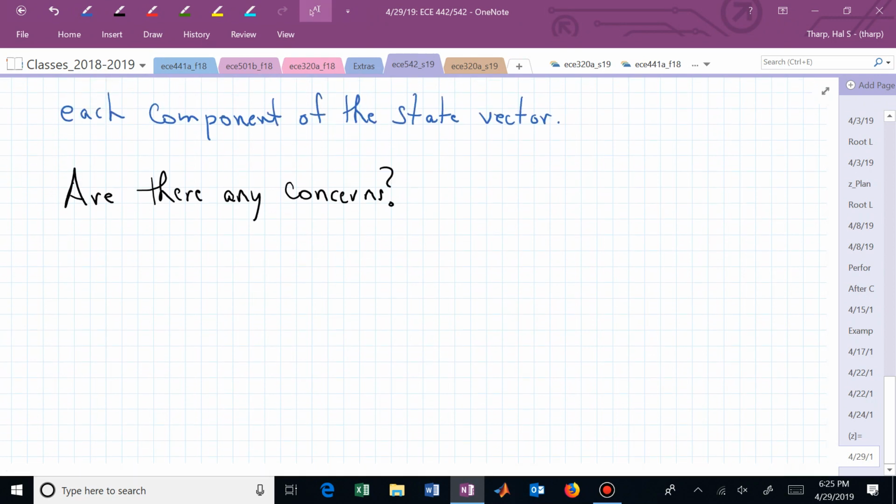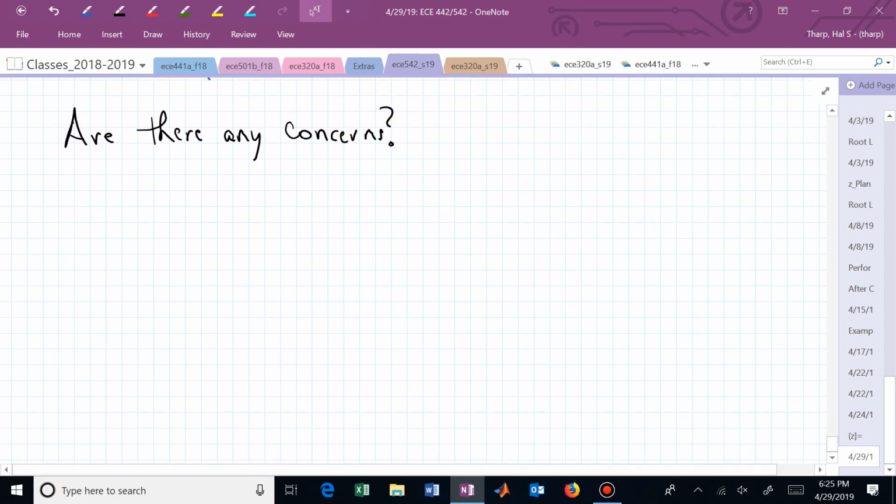So yes, there are concerns, and the big one that I want to focus on now is not so much do we have access to the full state vector? Yes, we're assuming that.